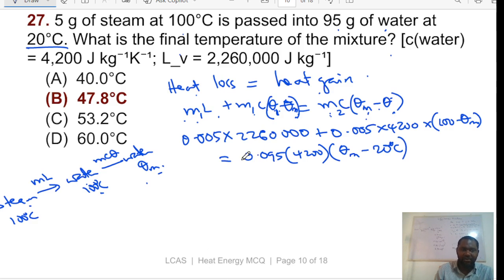So if we are to use a calculation, let me use my calculator here.